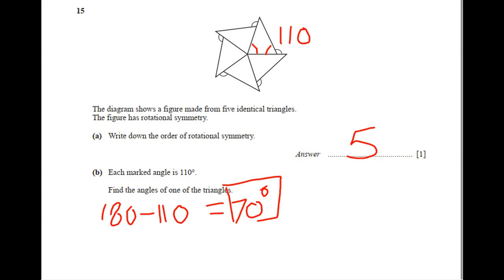We still need to find the other two angles. So this angle can be found by, we know sum of all angles originating from a point is 360 degrees, and we have 5 equal angles right here. So we can divide 360 by 5 to get the second angle, which is 72 degrees.